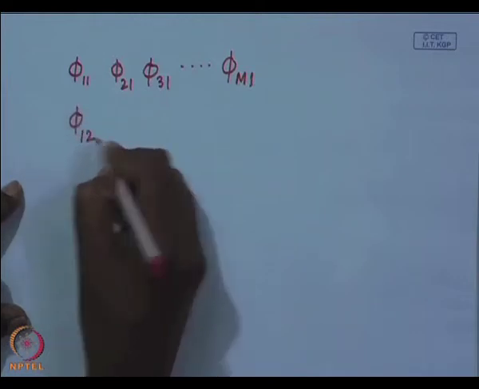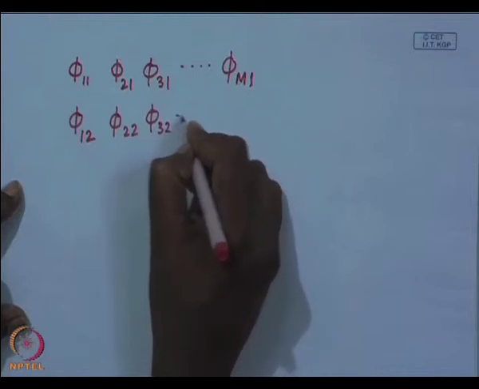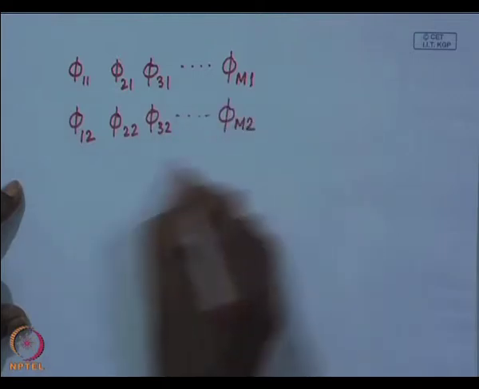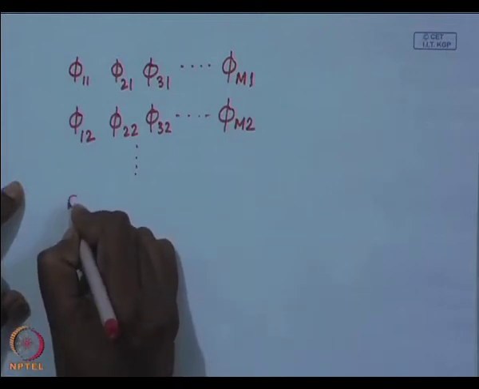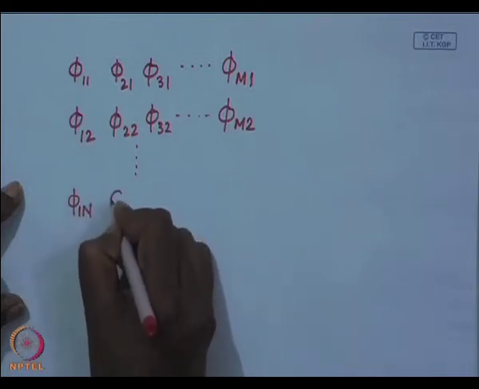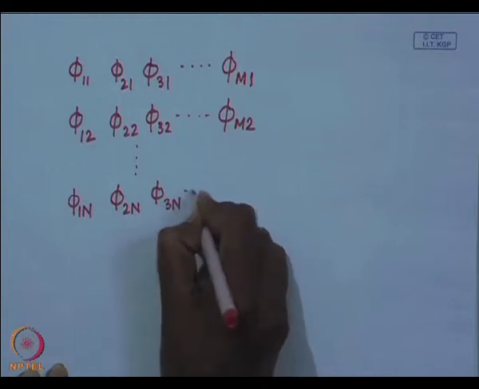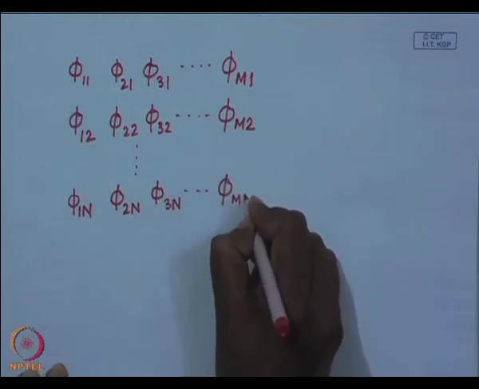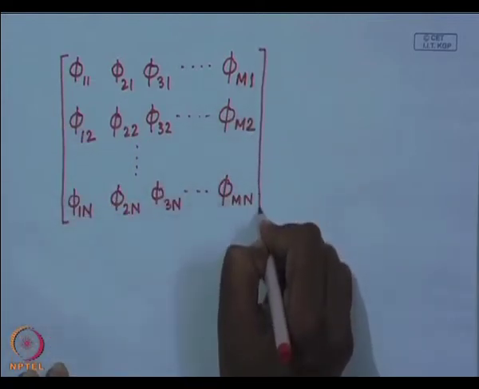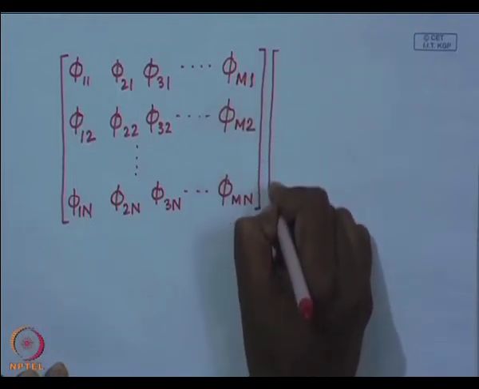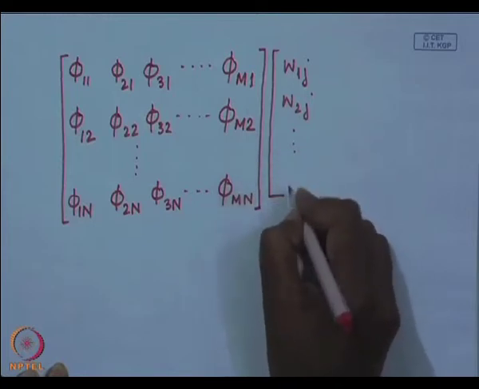Similarly phi 1 2, which means phi 1 of x 2, phi 2 2, phi 3 2 up to phi m 2, and as I have capital N number of samples for training, I will have phi 1 n, phi 2 n, phi 3 n up to phi m n, which indicates phi m of x n, multiplied by W 1 j, W 2 j up to W m j.